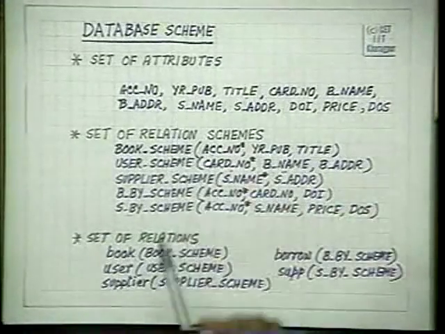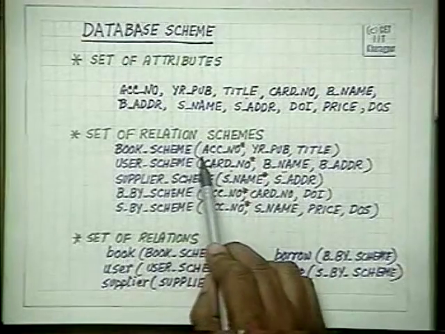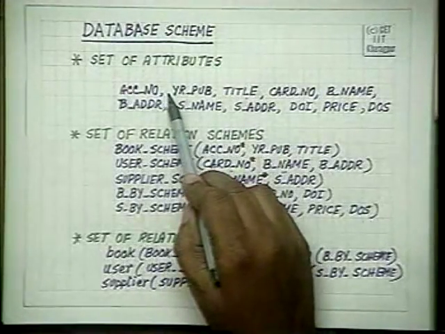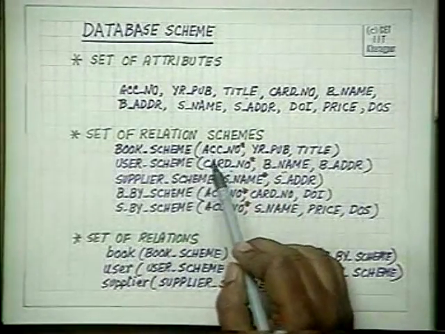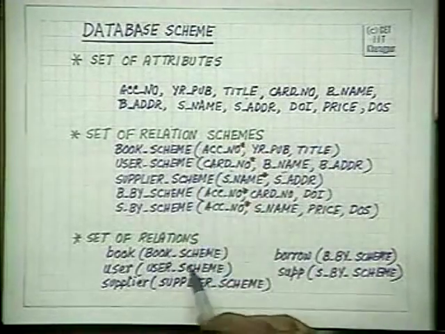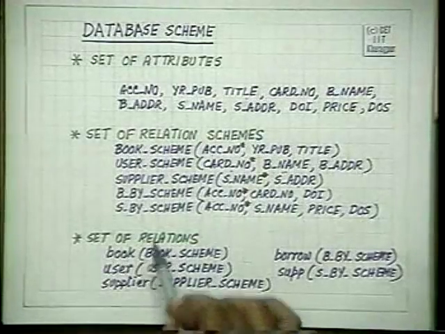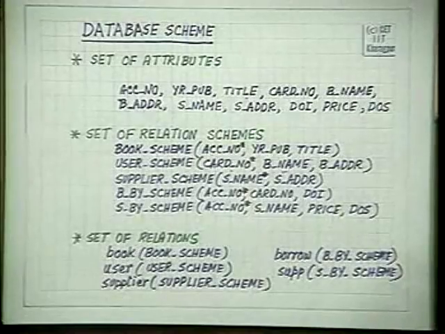So a particular relation is defined on a relation scheme, which is defined on the set of attributes. Now, two relations from two relation schemes will take their attributes from a common pool. In this particular case, it takes an accession number from this set of attributes and this takes an accession number from another set of attributes.